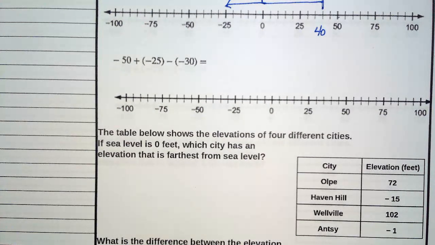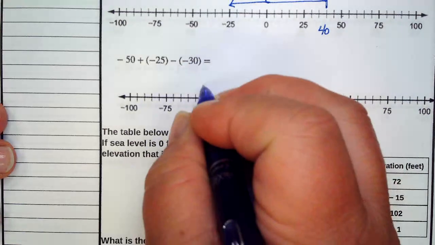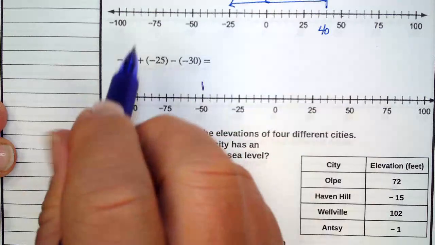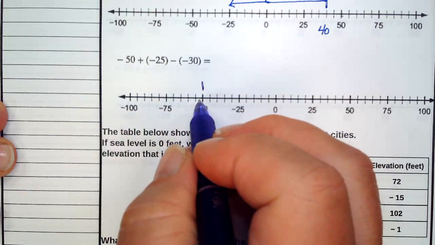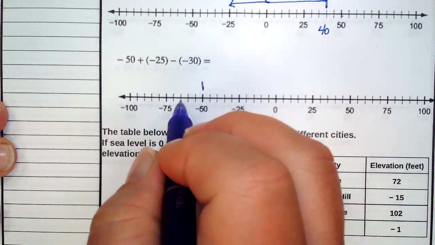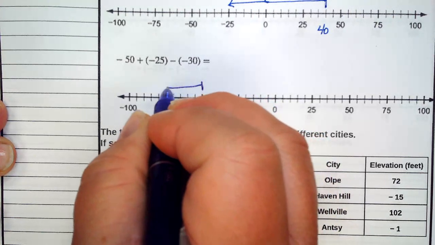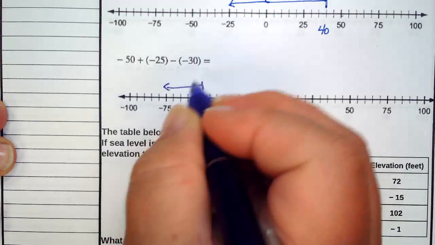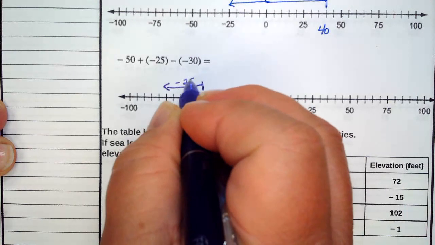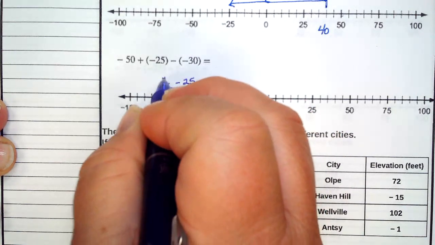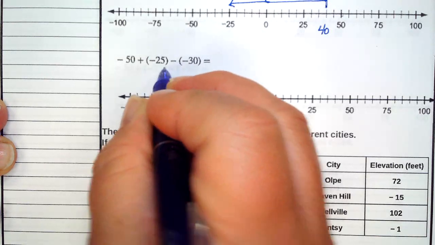So I start out at negative 50. I need to go another 25 units. 5, 10, 15, 20, 25. So I come all the way down to here. That's my minus 25. Now I'm at negative 75.